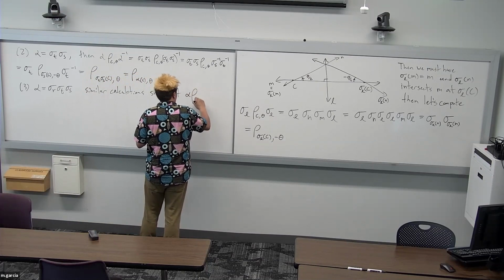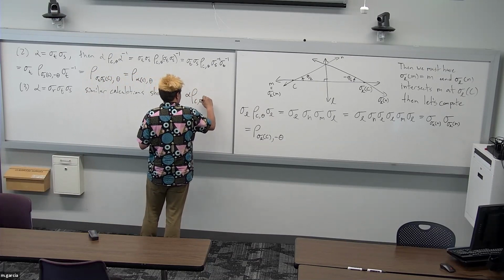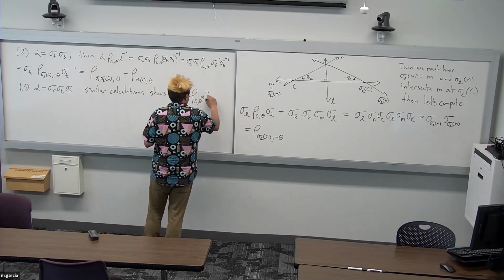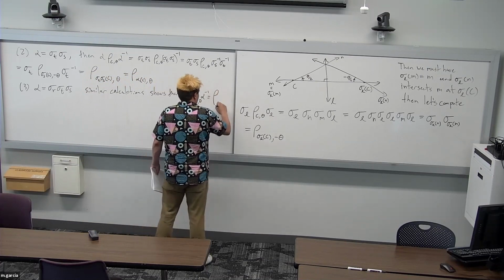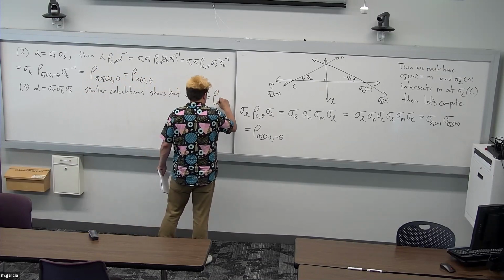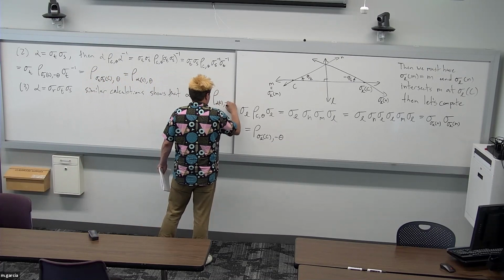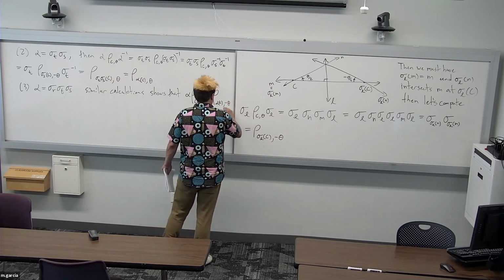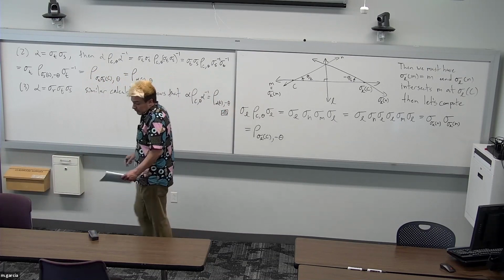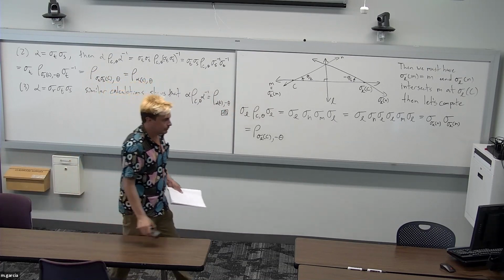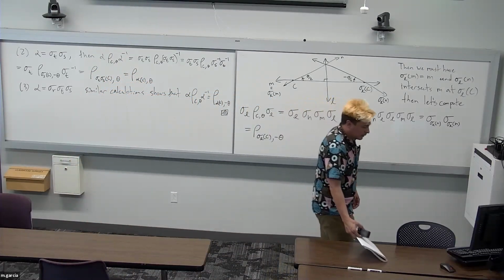Alpha rho c comma theta alpha inverse is equal to rho sub alpha of c, negative theta. Okay, great.